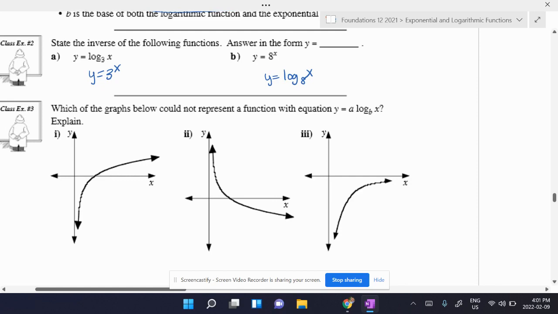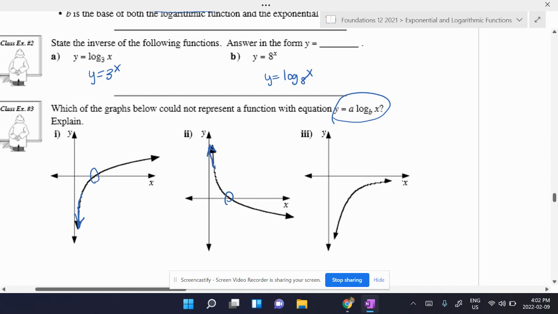Which of the graphs could not represent the function y is equal to a log b of x? Well, let's look at this one. It goes through the x-axis, gets closer to the y but doesn't cross. This is getting closer to the y but it's not crossing.